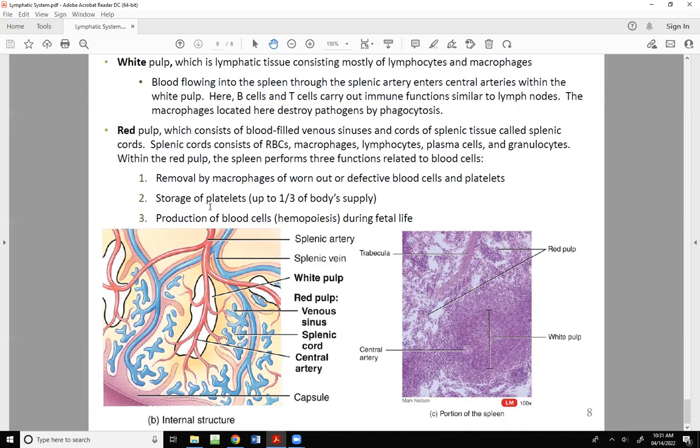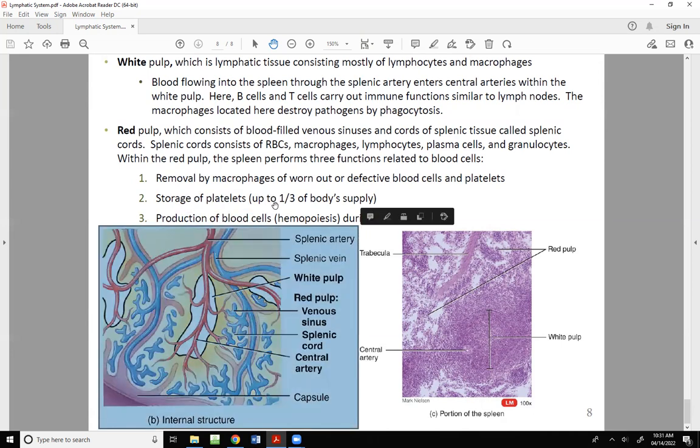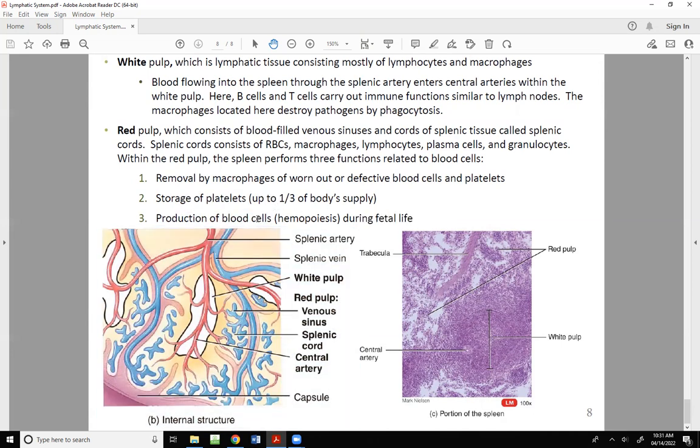We store up to one third of our body supply of platelets in our red pulp, and then during fetal life, we undergo hemopoiesis, or hematopoiesis, which is the fancy term for producing our blood cells. But as we know, that's not where it takes place the rest of our life, because from the last trimester and through the remainder of our life, it takes place in our red bone marrow and not the spleen.